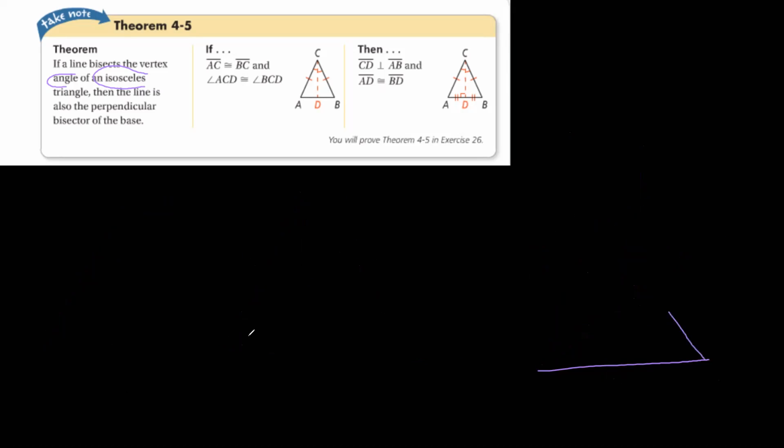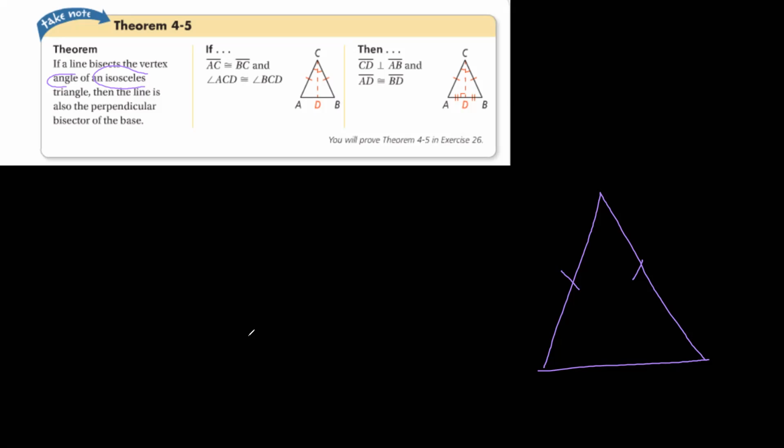If you have this triangle, and this triangle has two congruent sides, that means it is isosceles.